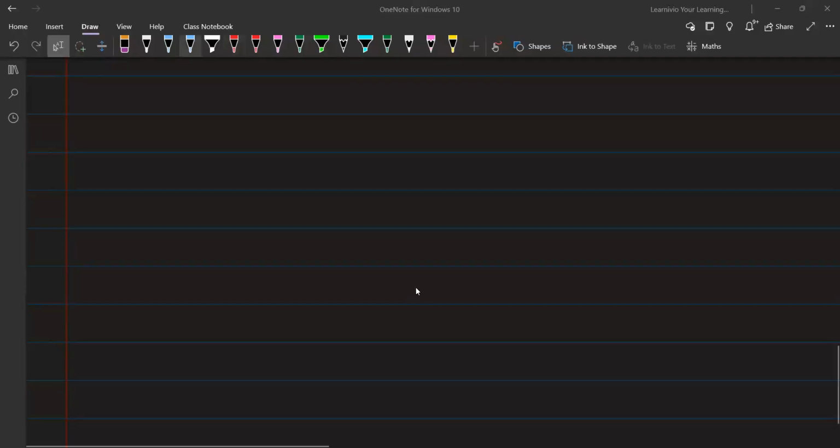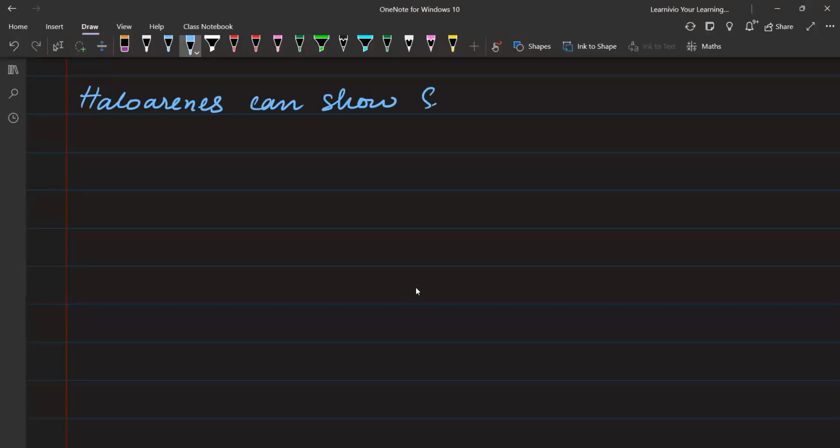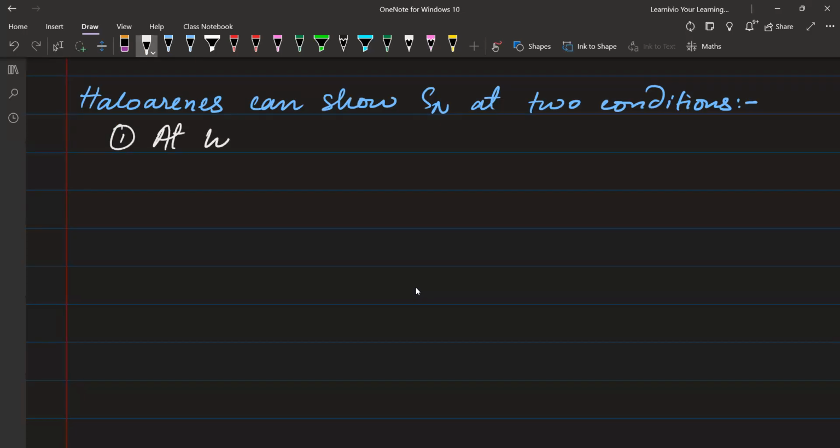Write here first that haloarene can show SN at two conditions. The number one is at high temperature and high pressure.